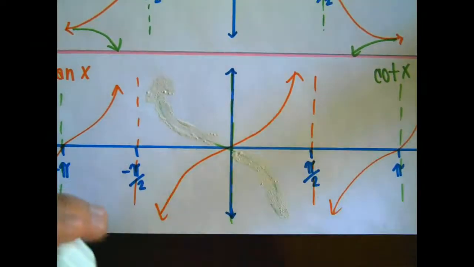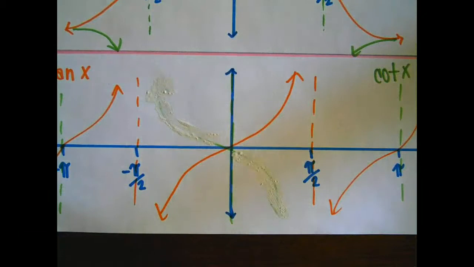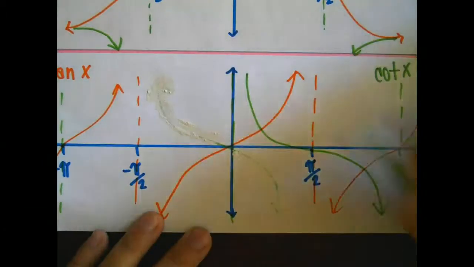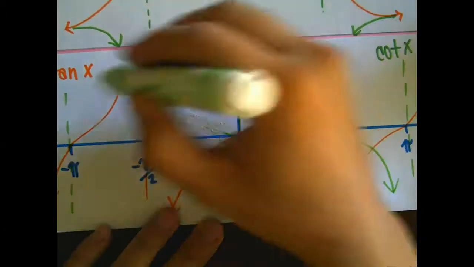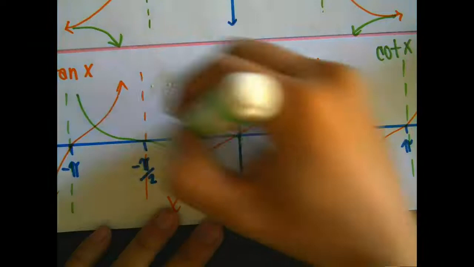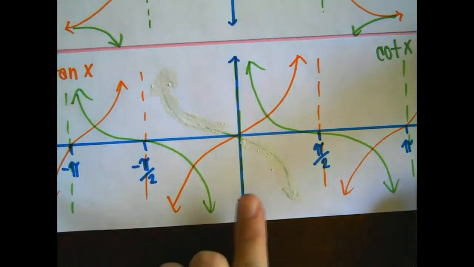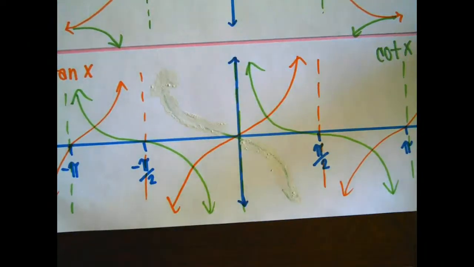There we go. Okay. Sorry about that. These are the new asymptotes, so it would go like this. There we go. Okay, so using the new asymptotes, it's just like the graph of tangent, only backwards.